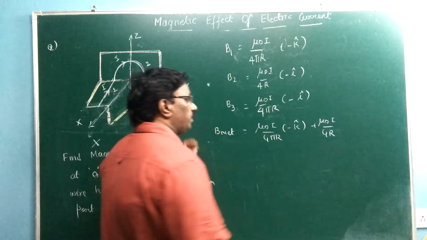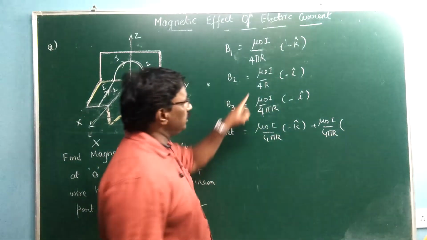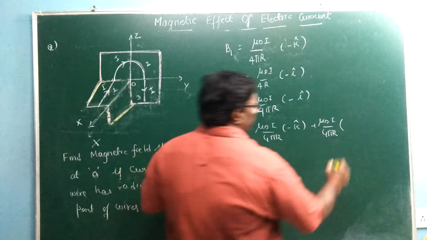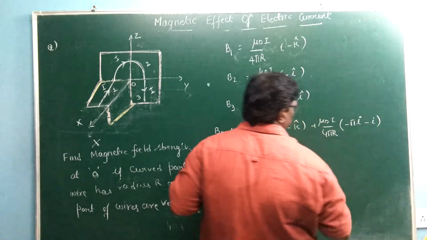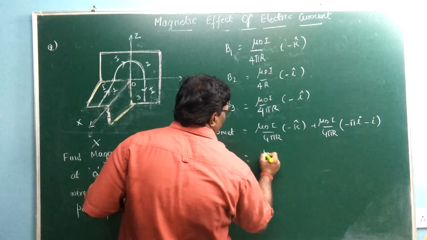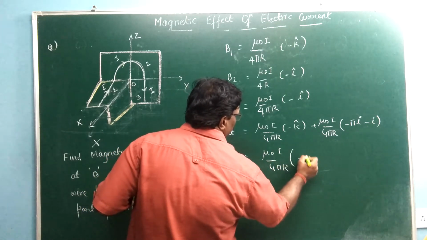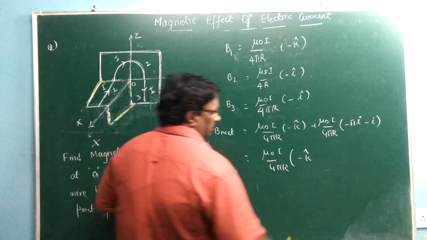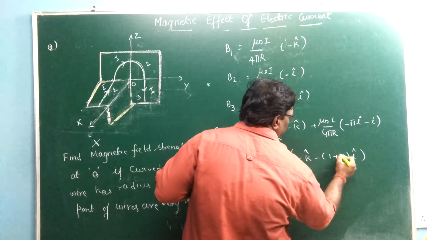You can take pi also common. 4 pi r into, I am adding these two, minus pi I, minus I. So you can take mu naught I by 4 pi r common: minus k cap minus of 1 plus pi into I cap.